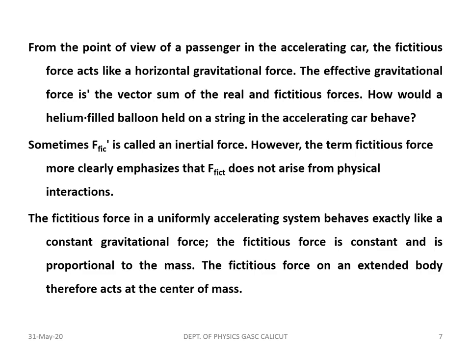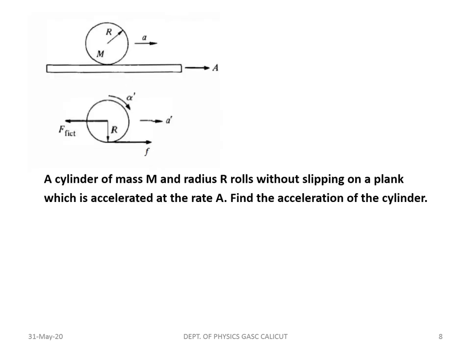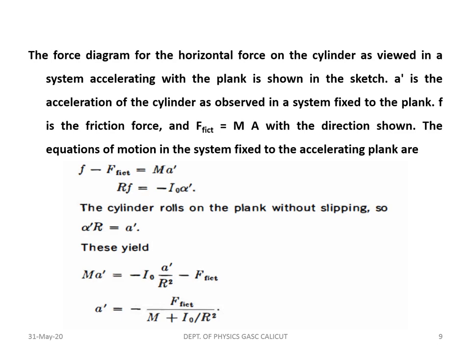Normally the gravitational force is vertically downwards, but for a passenger inside an accelerating frame, it behaves like a horizontal gravitational force, because the body inside the accelerating frame experiences a force opposite to the direction of the acceleration.